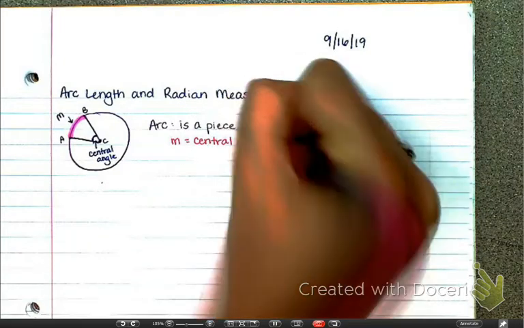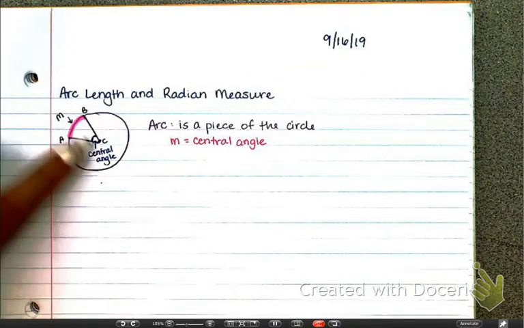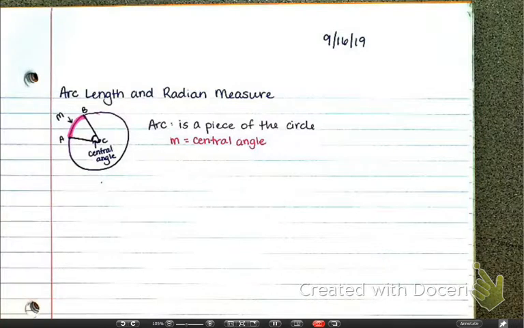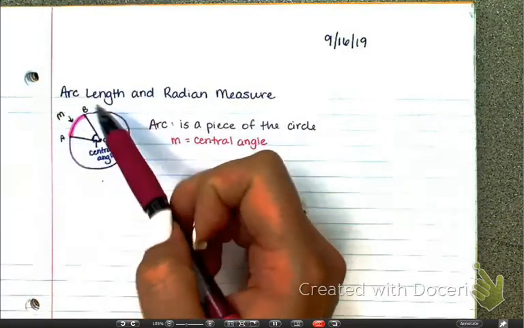So if we know the central angle, we know the measure of that arc. Now, when we're talking about measure, we're talking in degrees. How many degrees is an entire circle? 360. So this would just be part of that circle.